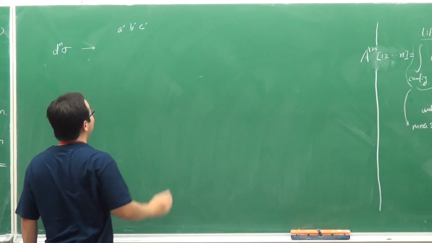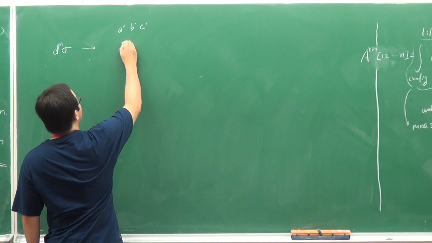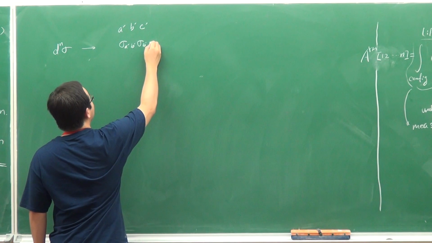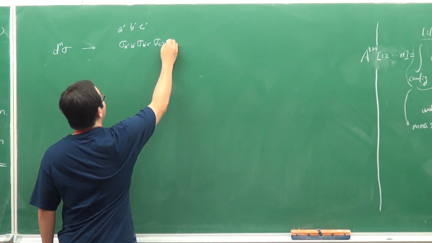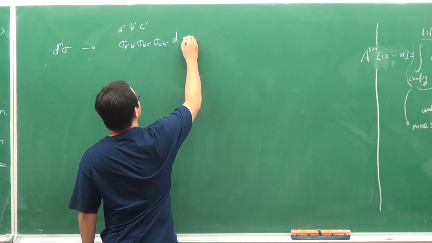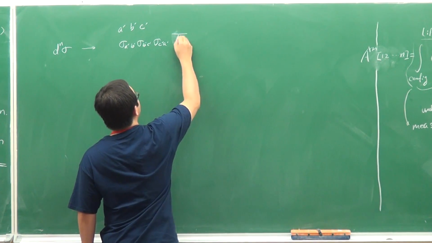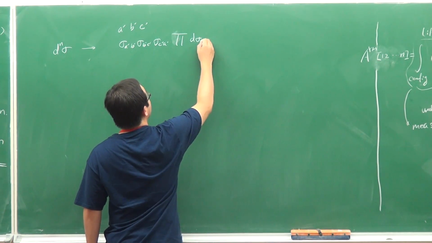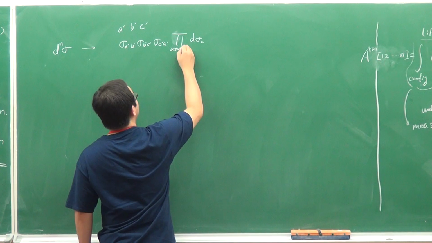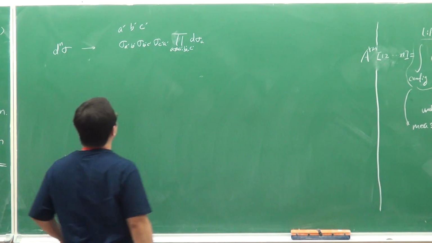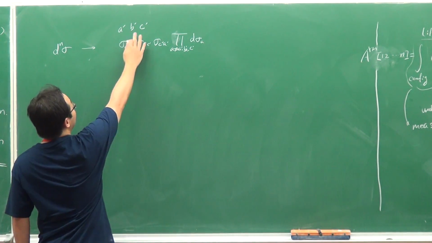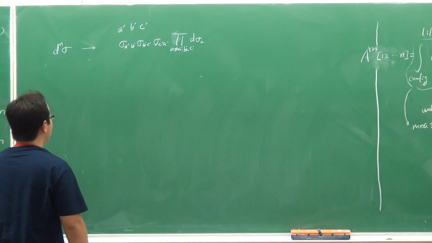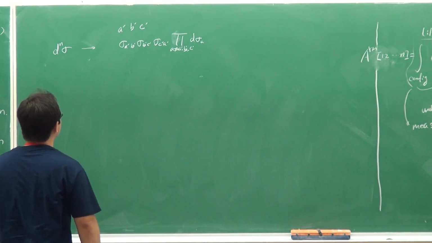Let me denote them as A prime, B prime, C prime. And I can put a factor of sigma A'B' sigma B'C' sigma C'A', and then put all the remaining measure factors, where A is different from A prime, B prime, C prime. And we can choose arbitrary values for sigma A prime, sigma B prime, and sigma C prime. That's how we do the gauge fixing.